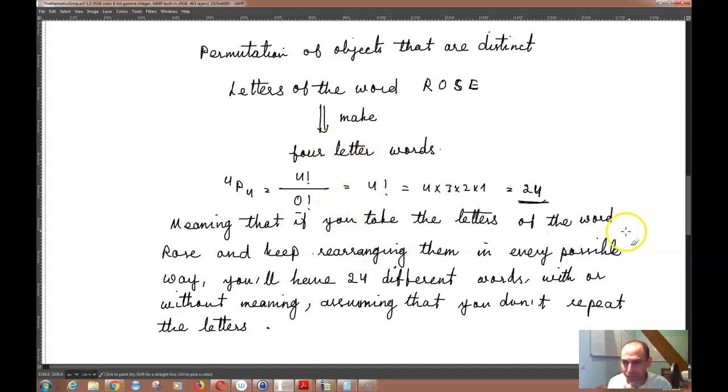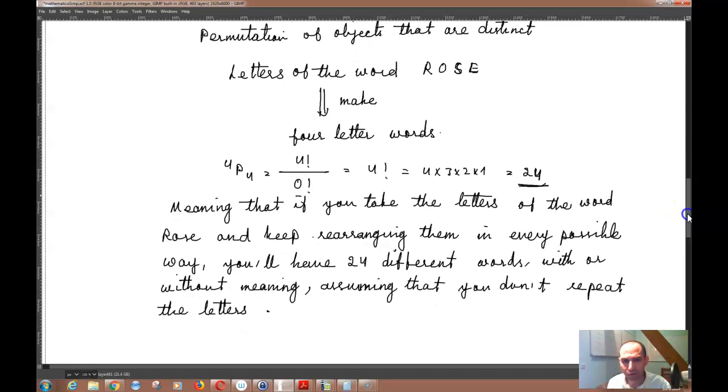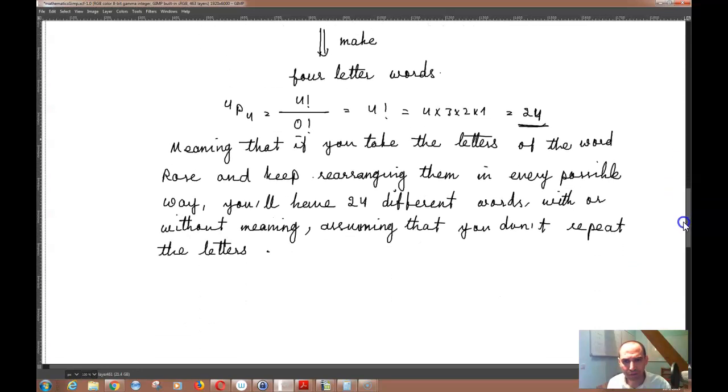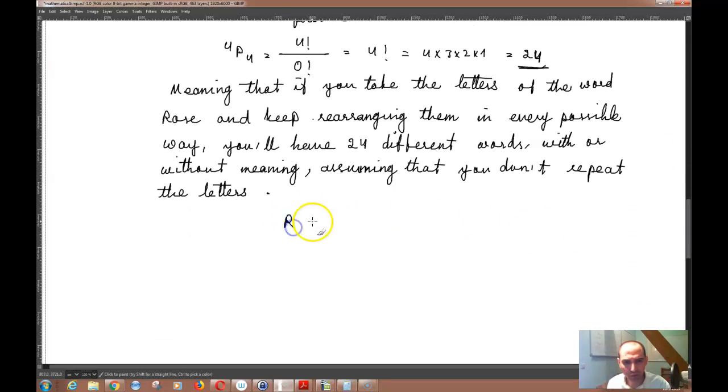And what's important here is that we use the letters of the word rose. You see, the word rose has an R, an O, an S, and an E, right?